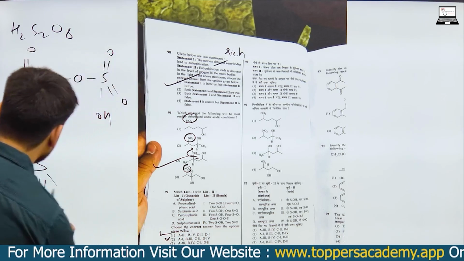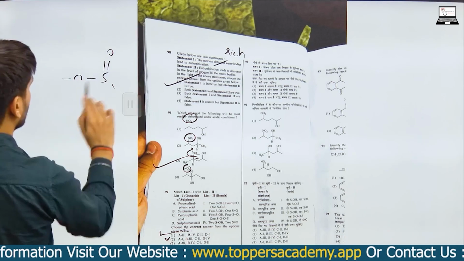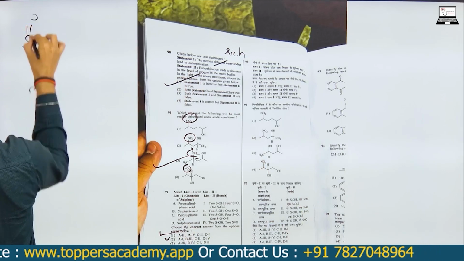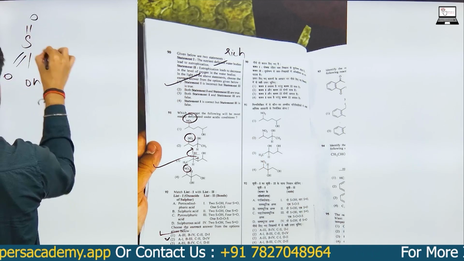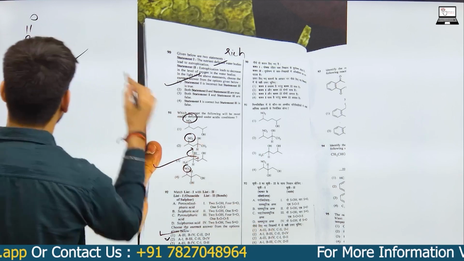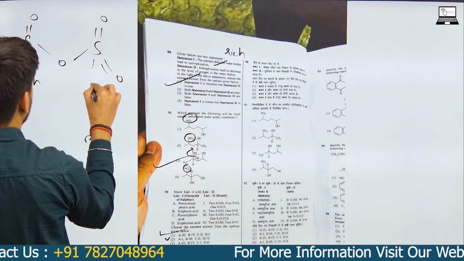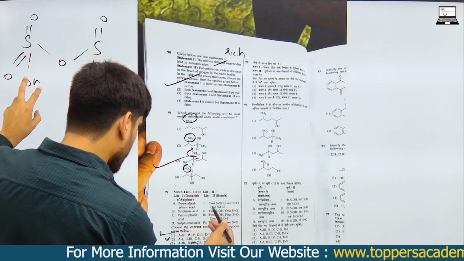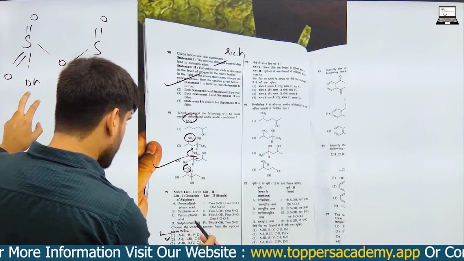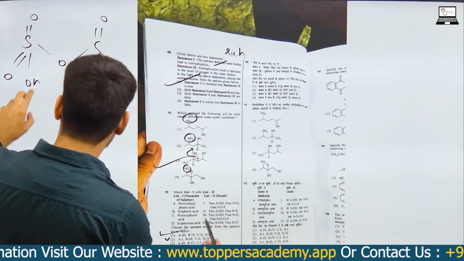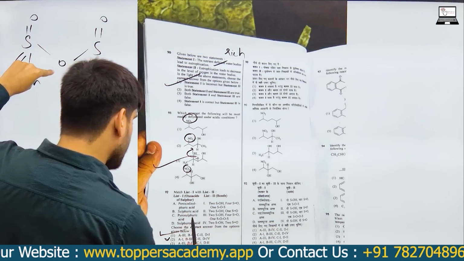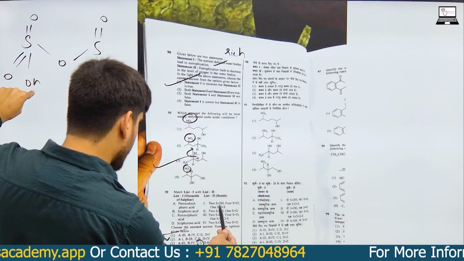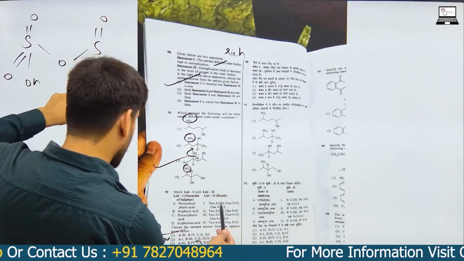Pyrosulfuric acid is oleum. What is pyrosulfuric acid? That is oleum. This is your oleum. In pyrosulfuric acid, we have 2 S-OH, 4 S double bond O and 1 S-O-S.